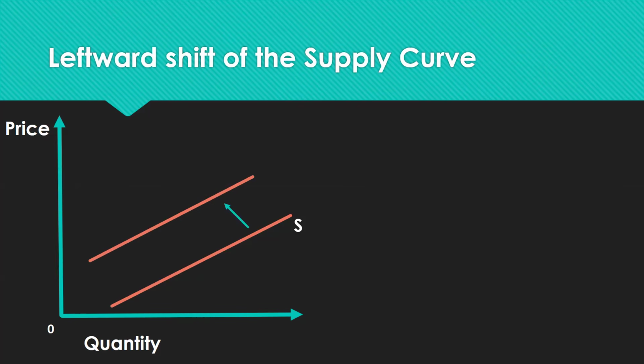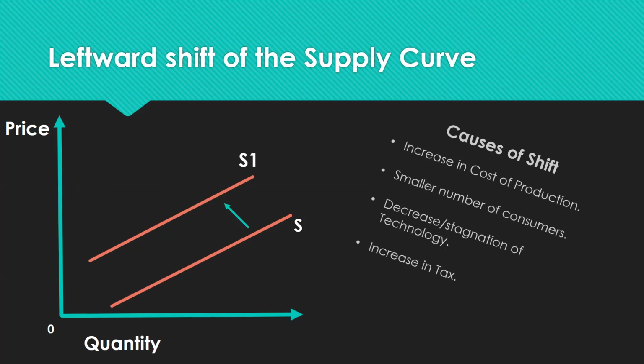So things that would cause it to shift to the left. Would those be increases in supply or decreases in supply, if it's shifting to the left? Remember I told you, to the left or inwards is always decrease, and to the right is always increase. So we're shifting to the left.